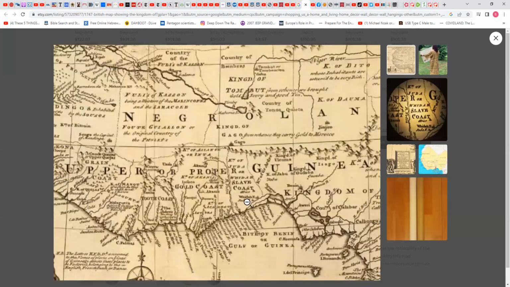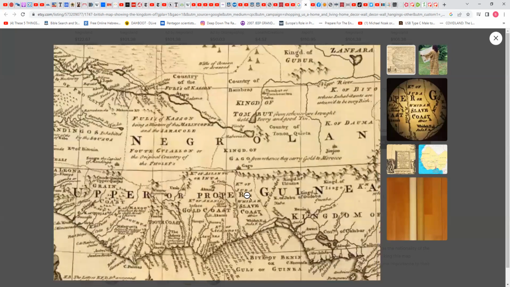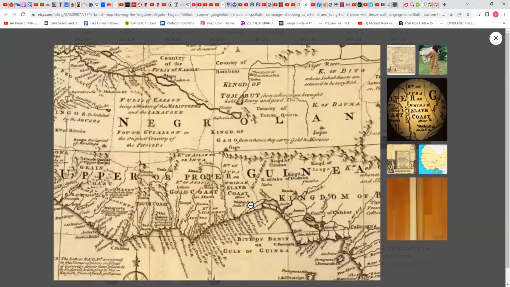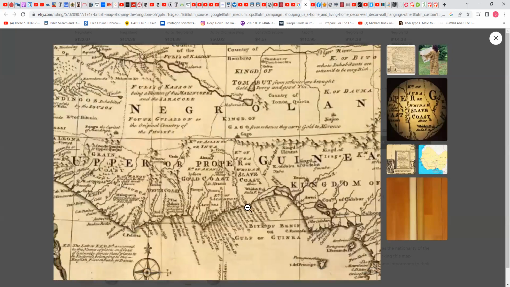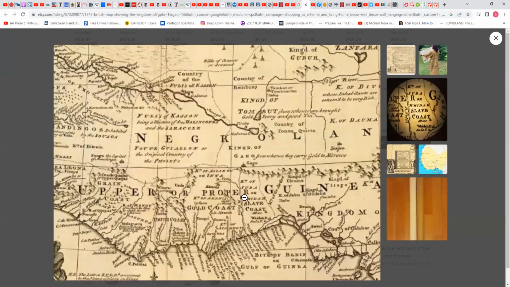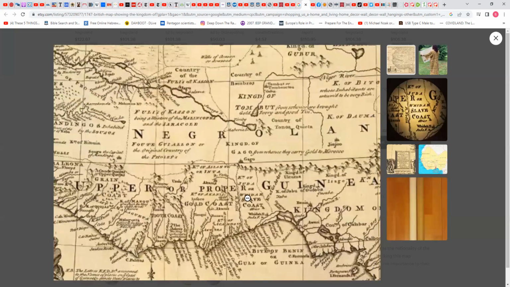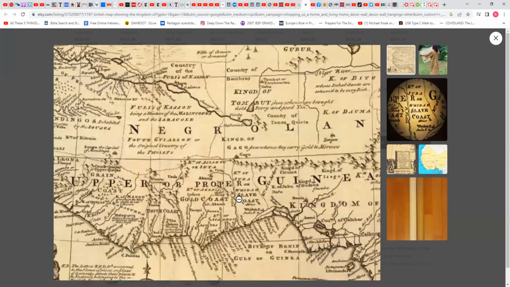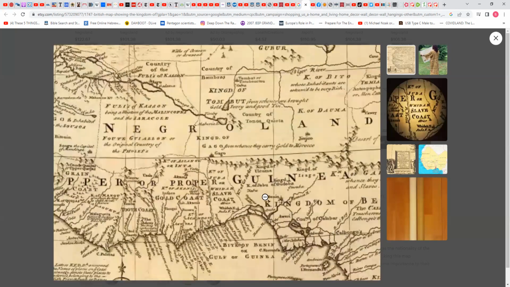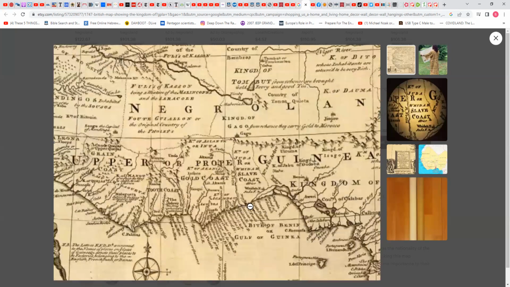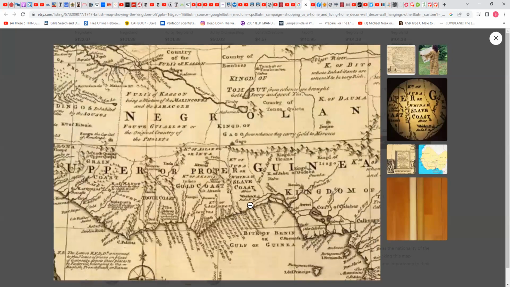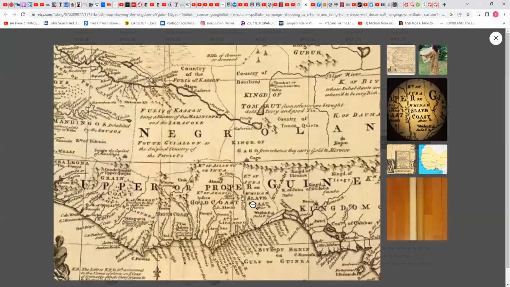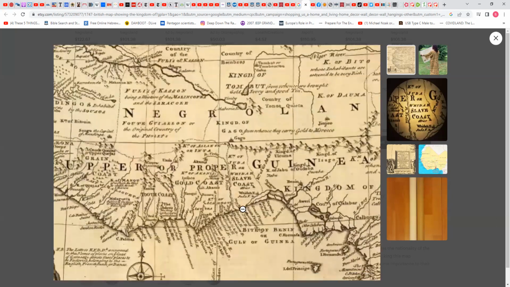Juda. Sometimes you spell it Juda or Judah. And it says Wida. That's another way of saying, I believe it's the French way, but I believe French is Quida. But Wida is also Judah. Because we wouldn't say Judah, we would say Yahweh. So it says Wida slave coast.